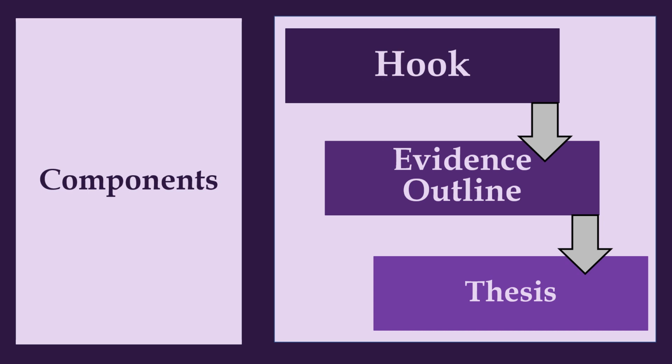To this end, we have created a video specifically to outline all the different options and how you can use them effectively. Likewise, the thesis is a multi-step process. Therefore, we've also created a separate video that explains how to write an effective thesis. If you want more information on these two topics, be sure to watch those videos as well.